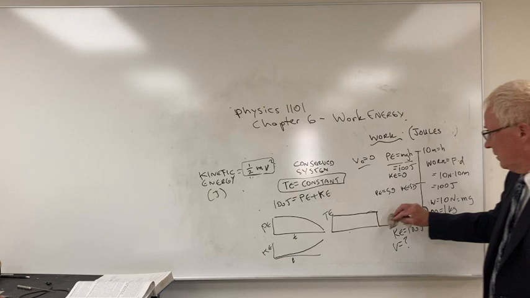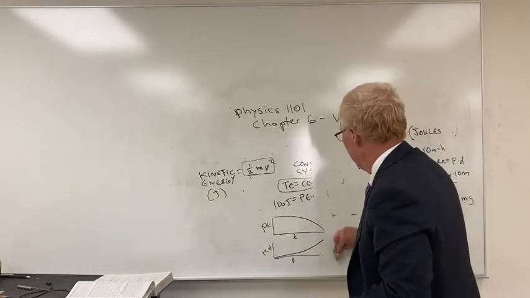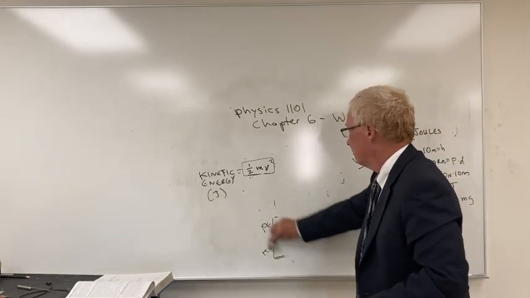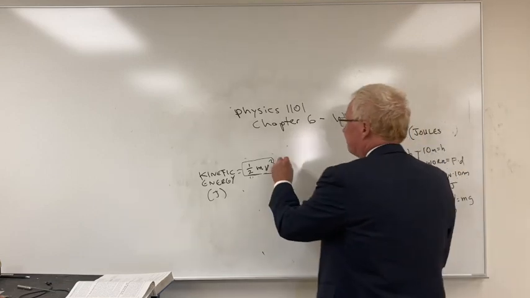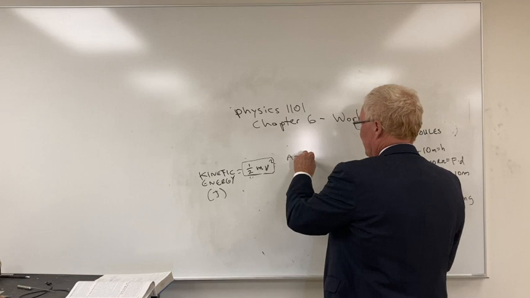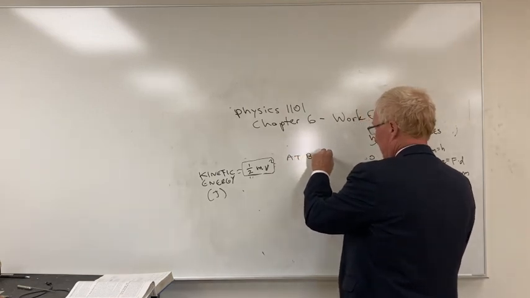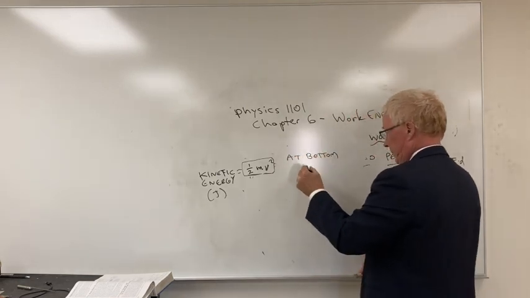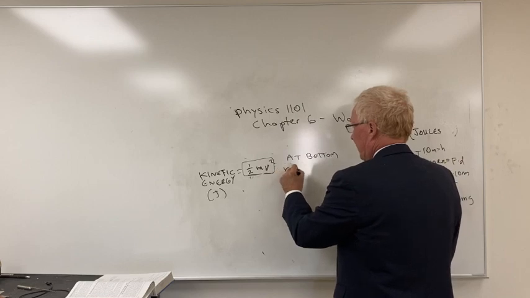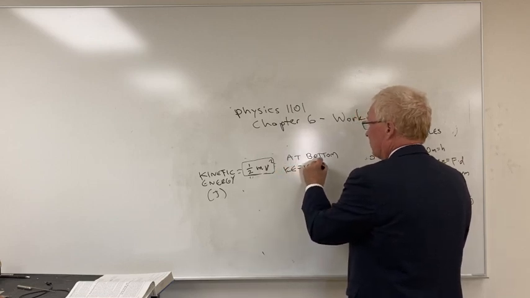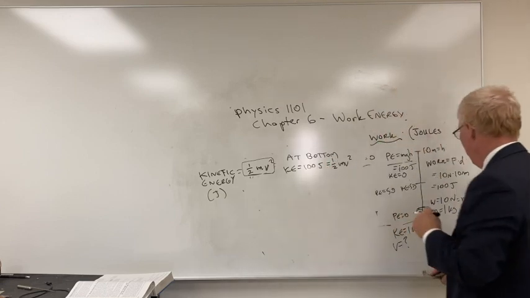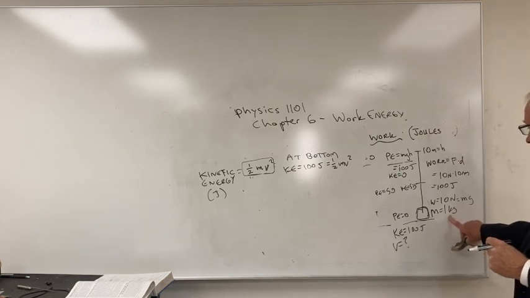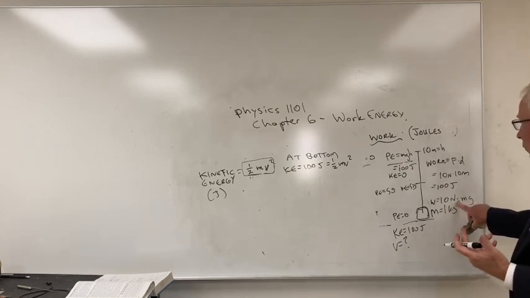All right, so let's look at this then. At the bottom, or just before it, I should say, kinetic energy, and I'll use KE, is 100 joules, which is 1/2 mv squared. Now what I have here is a mass of 1 kilogram, which weighs 10 newtons.